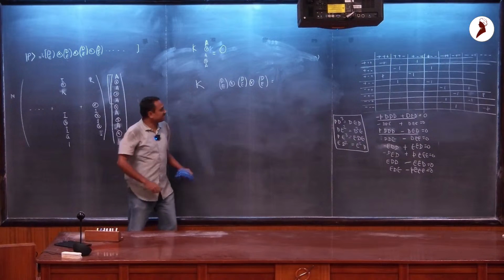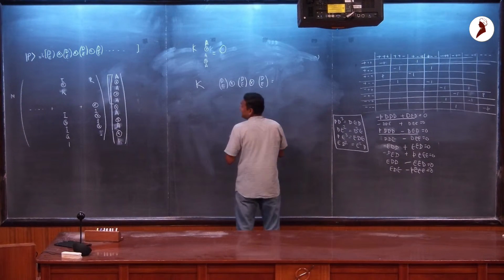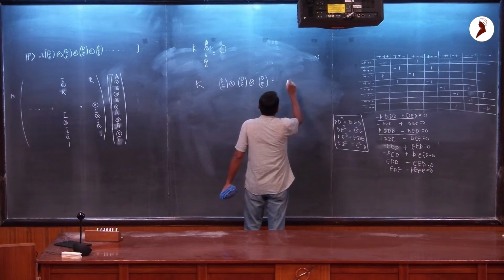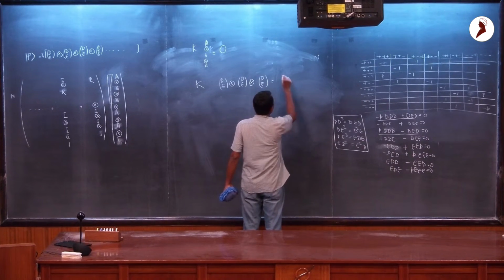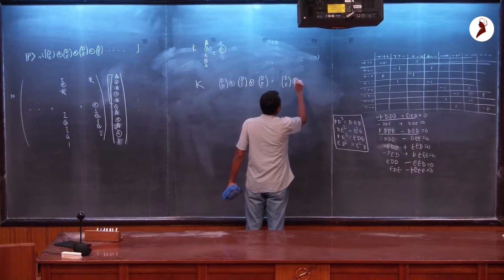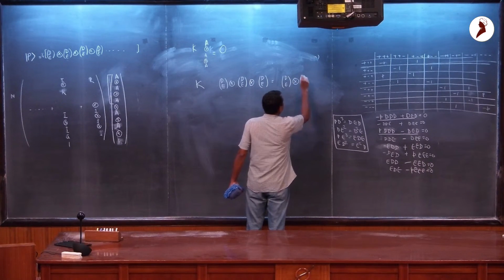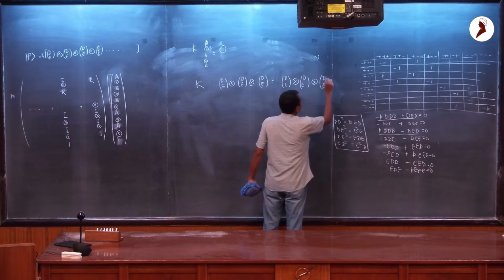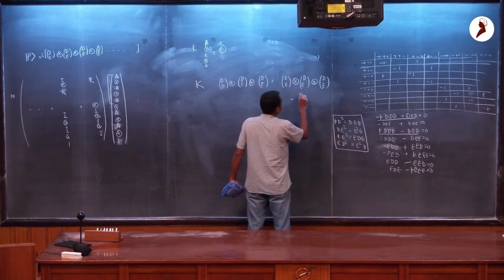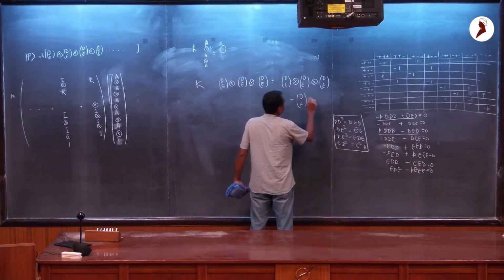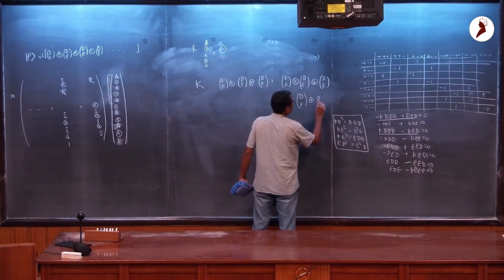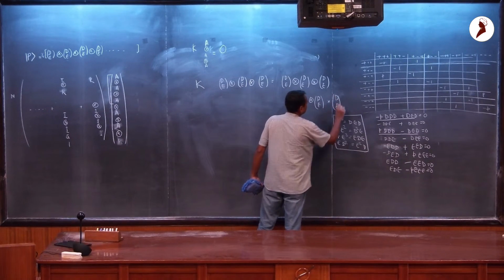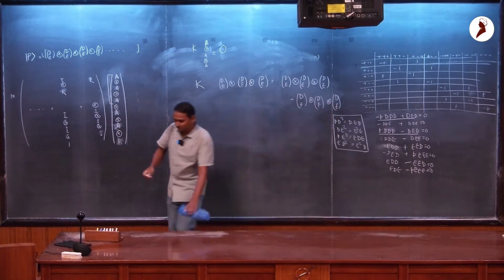So instead of doing this, I will write it that in general, this is K times this is DE cross DE cross DE cross DE minus DE cross DE cross DE, but I will now put a tilde.